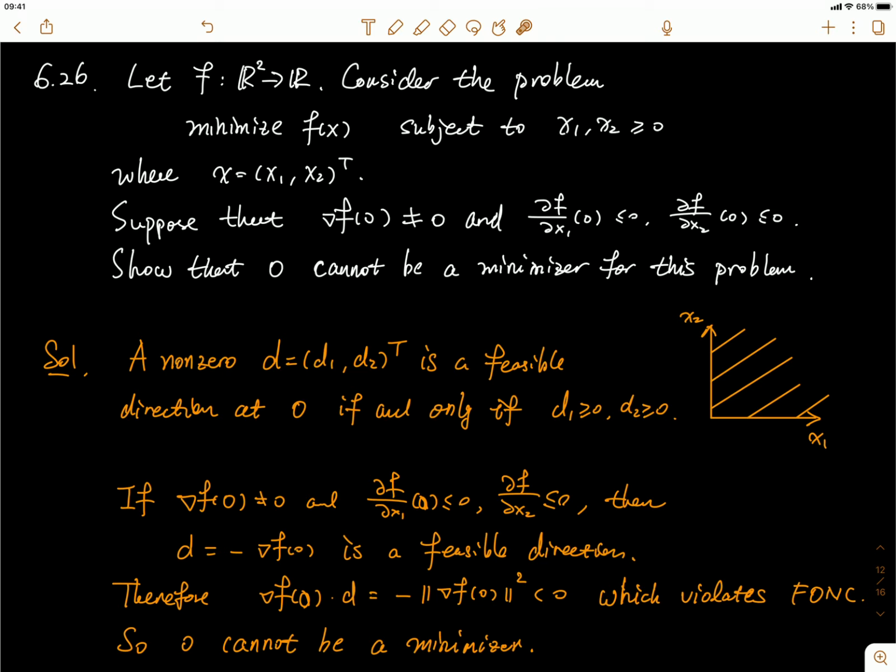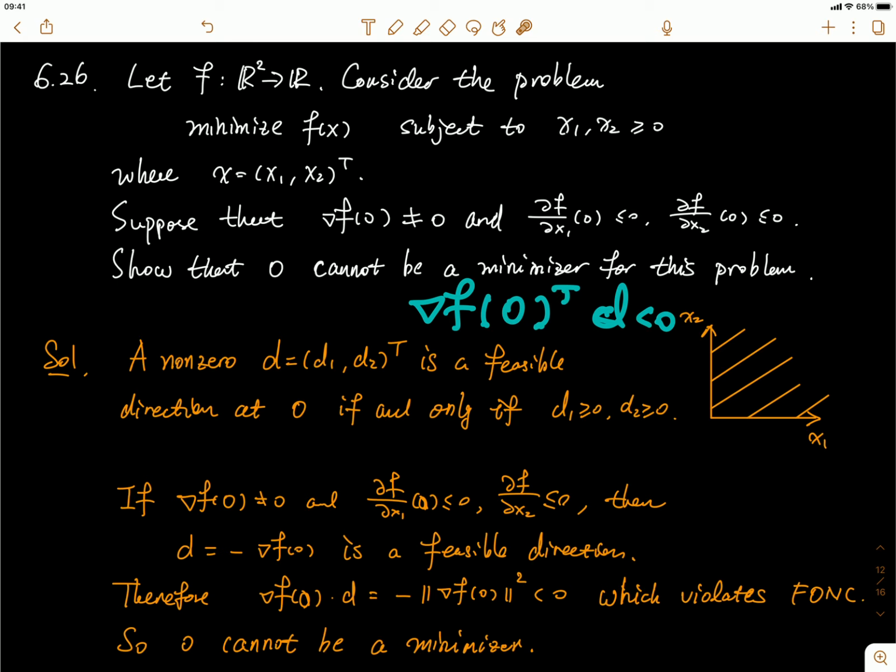Okay, so if we want to show that at point 0 the necessary condition is violated, we just need to show that there exists some feasible direction d such that the directional derivative of f at 0 along the direction d is not non-negative, meaning that it could be negative.